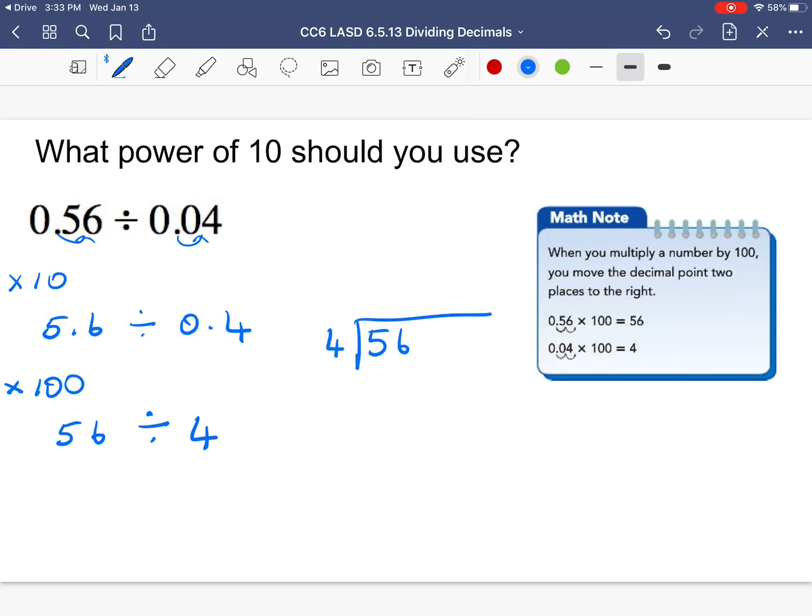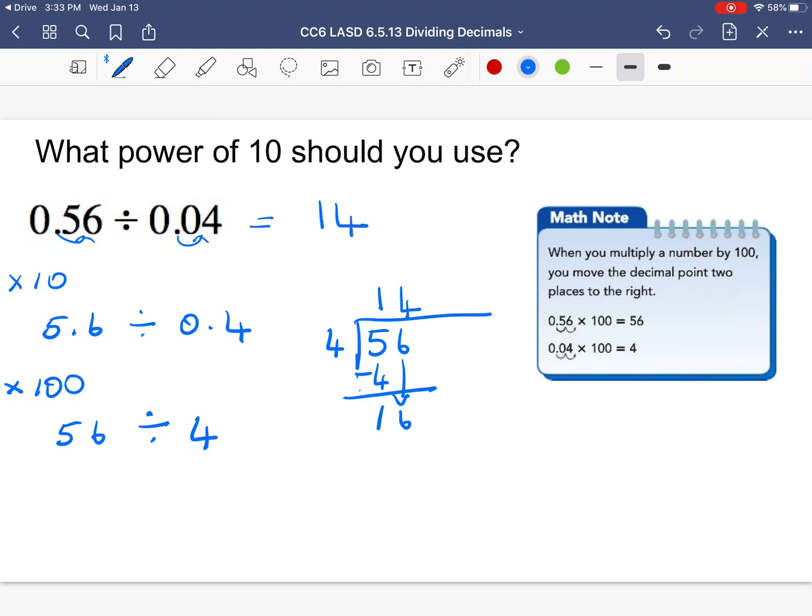56 divided by 4. So 5 divided by 4 is 1. Then bring down the 6. 16 divided by 4 is 4. So 0.56 divided by 0.04 is equal to 14.